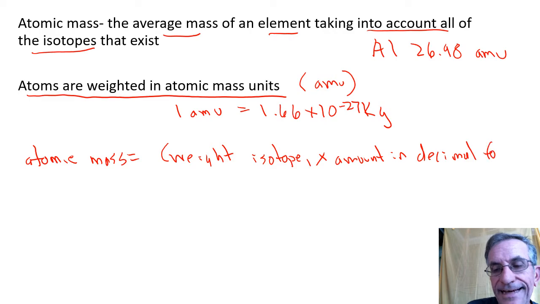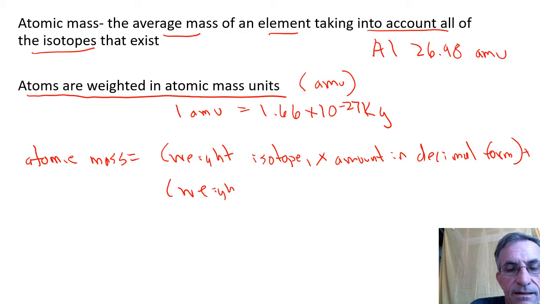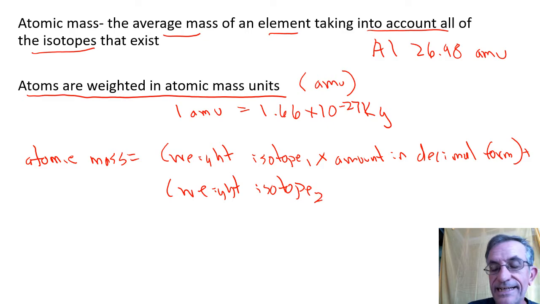What do I mean by that? I'm going to explain it in a minute when we get to our example. Plus the weight of the second isotope, the second type of the same atom, times its amount in decimal form.